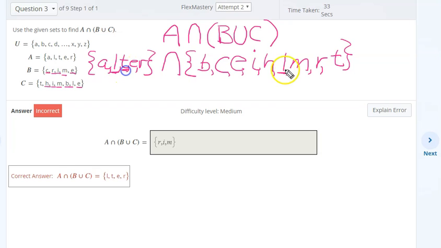T is found in both, and E and R is found in both. So again, this person had it incorrect. The correct would be, again, with braces, LTER. Order should not be important how they are listed. I tend to list alphabetically, but I could vary that too.